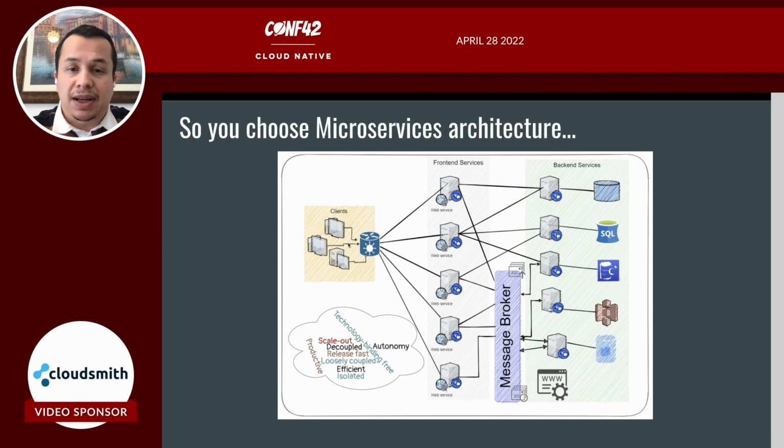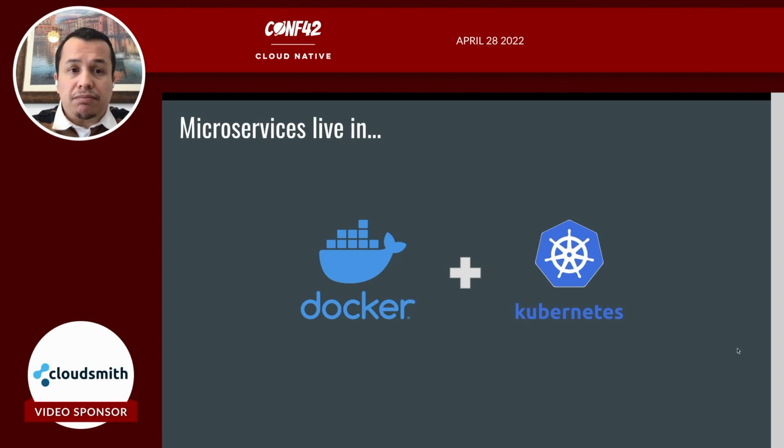There will be external clients accessing your front-end services, most likely, and there might be message brokers used to communicate between these services. There will also most likely be multiple different systems of record, third-party libraries, and so on. So you need to deal with lots of problems.